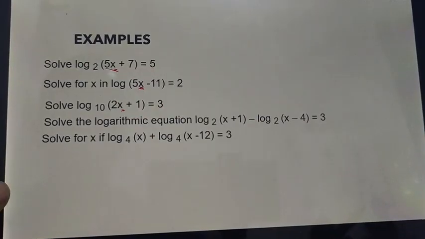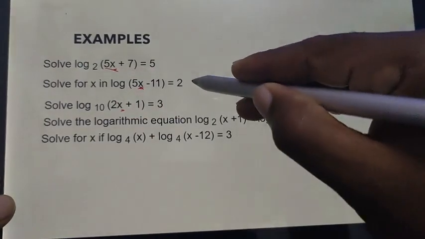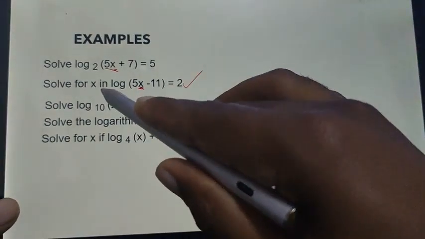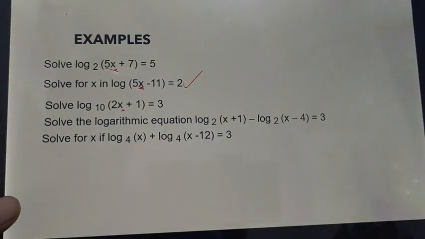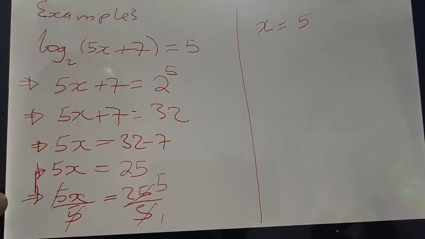Let's look at example 2. They're saying solve for x in log (5x minus 11) is equal to 2. Okay, so let's solve that. So that's example 2.